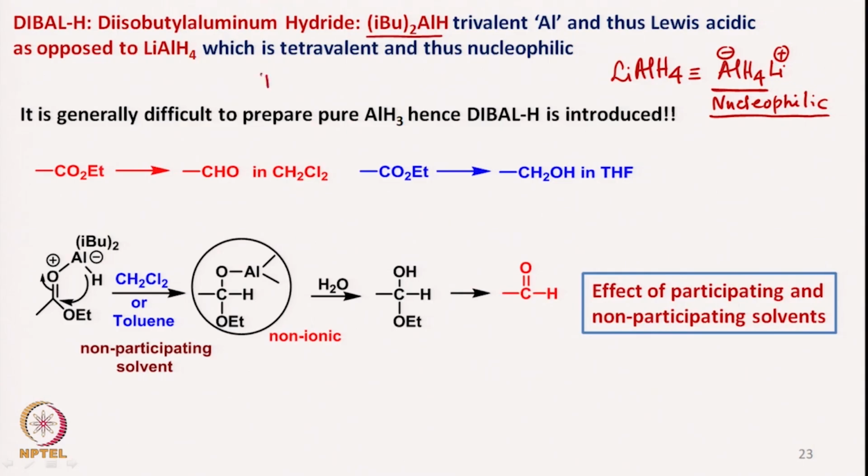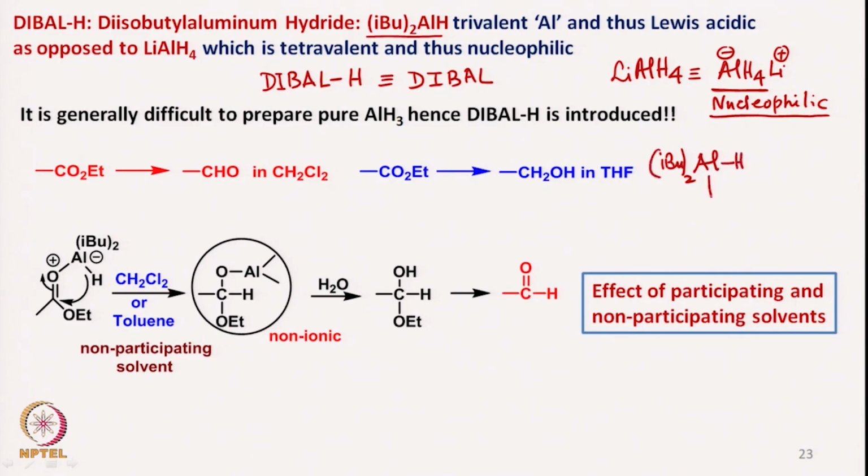In many places they write it as DIBAL-H, that is diisobutyl aluminum hydride, or simply DIBAL. So this DIBAL, as the name says, is diisobutyl aluminum hydride. It is something like this: you have here two isobutyl groups, and of course there is one hydrogen.